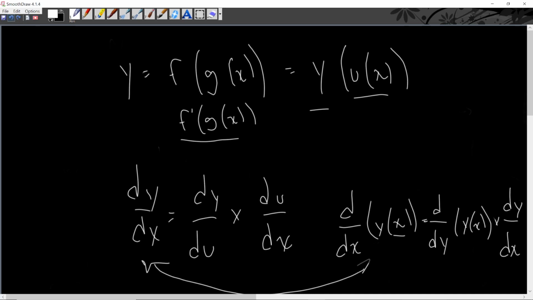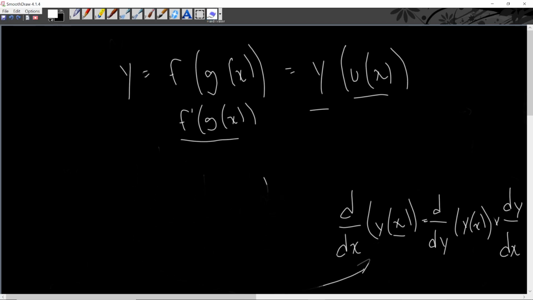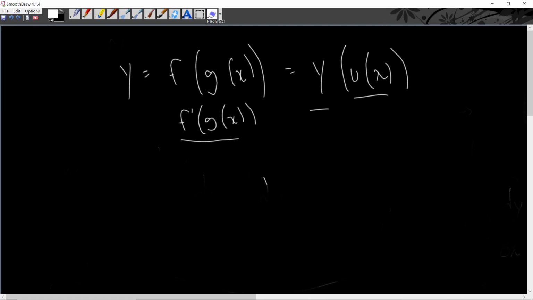But yeah, I might have made that a little bit more complicated than it needed to be, but this is a very important idea for implicit differentiation. You're not going to be differentiating functions of x. You're going to be differentiating functions of y, which we are going to implicitly define as a function of x. So we're going to be doing d dx of a function of y, which we will define as a function of x.